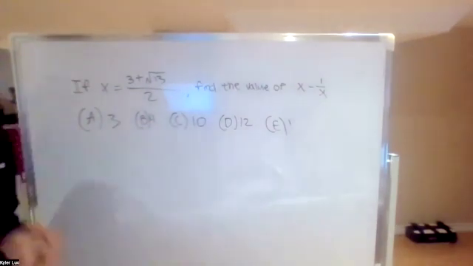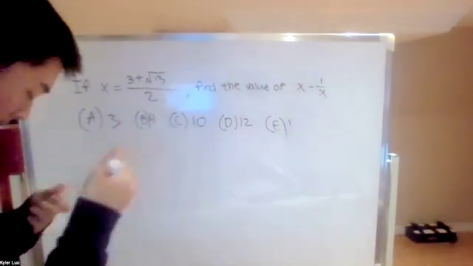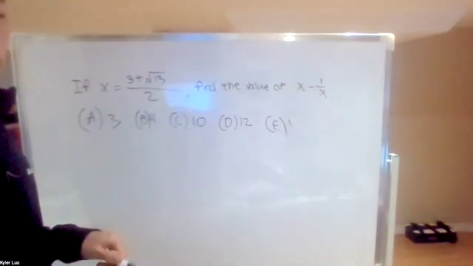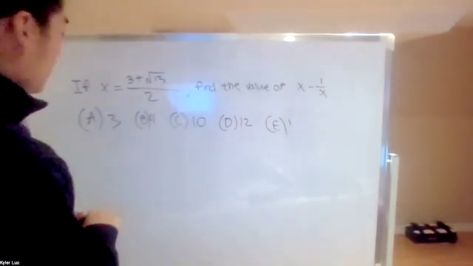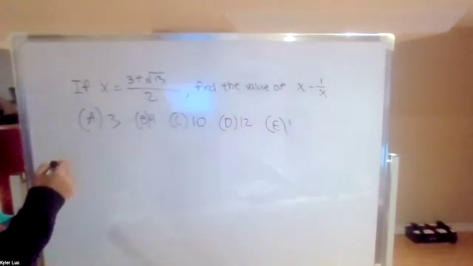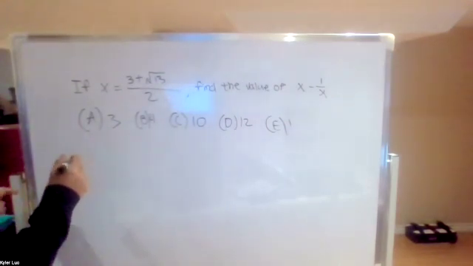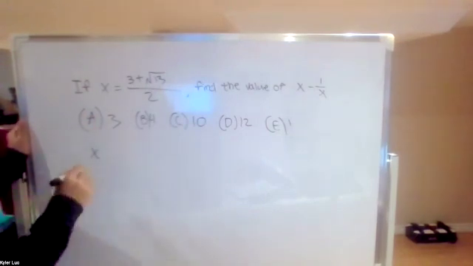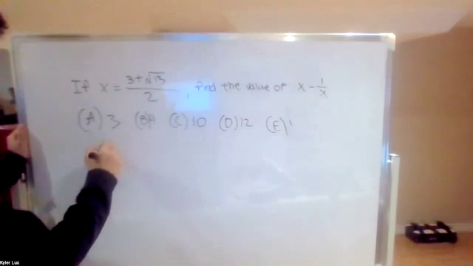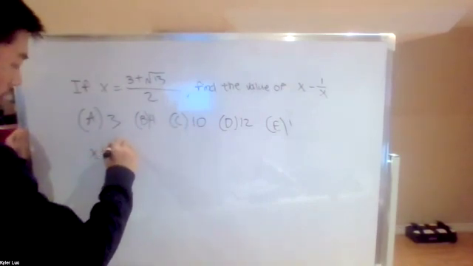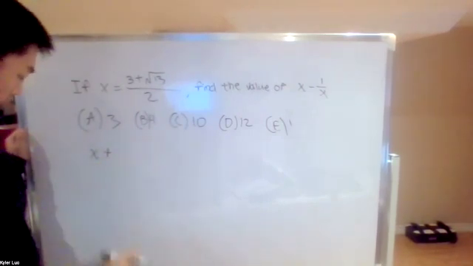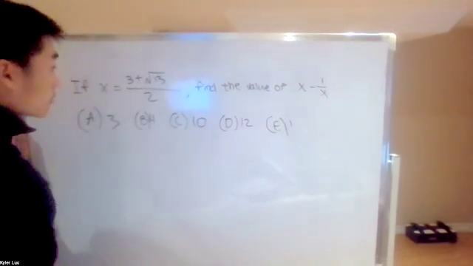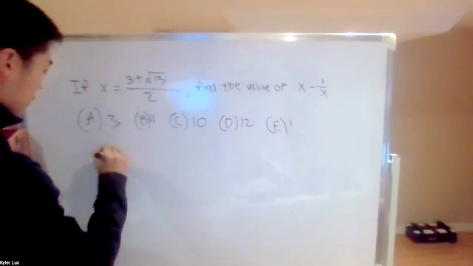All right, so it's x subtract 1 over x, and then that's 3 plus square root of 13 over 2, subtract 2 over 3 plus square root of 13. Go a little slower. The entire 3 plus square root of 13 over 2?